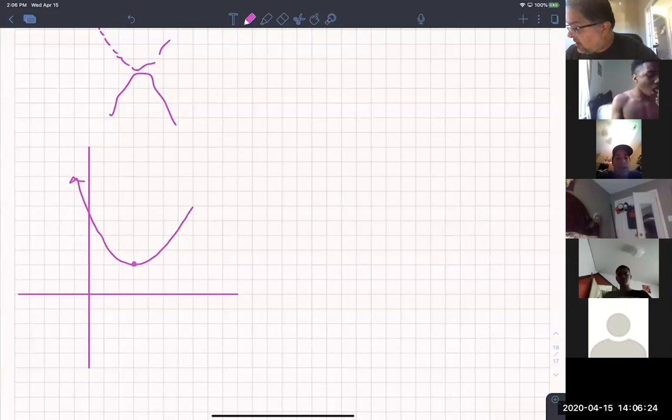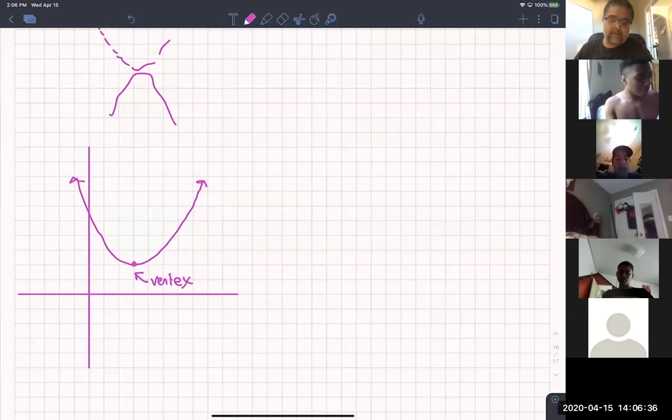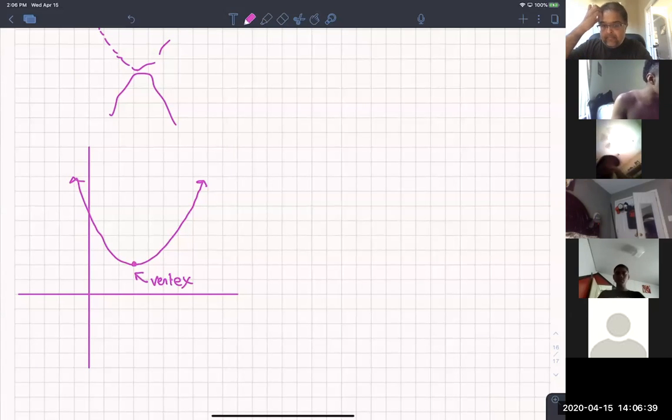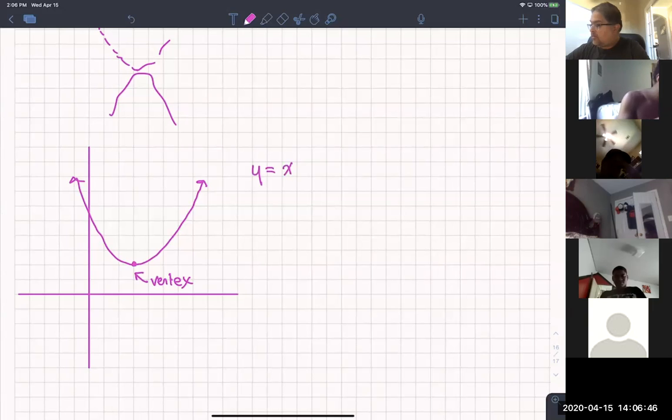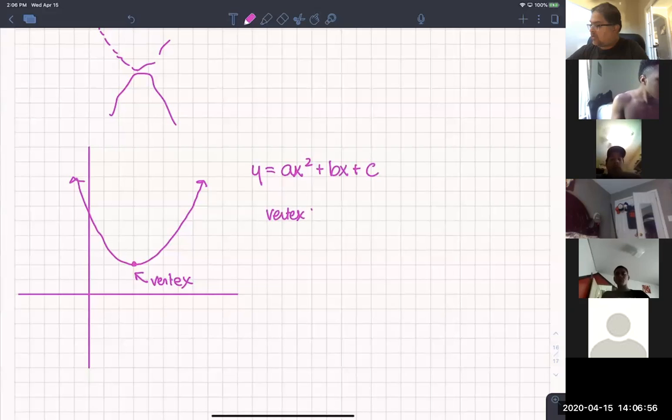So here's a parabola on a graph. Where it changes from going down to starting to go up is known as the vertex. It's a point on the parabola. Now, we can find this vertex in an equation. We have a formula to find the vertex.